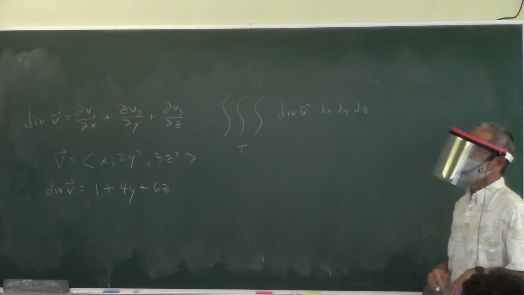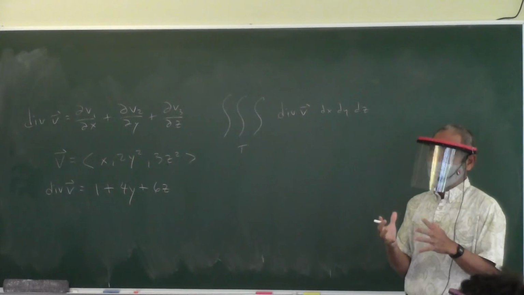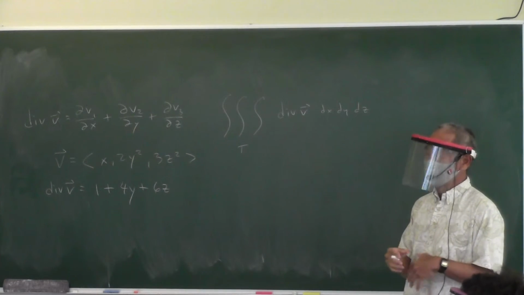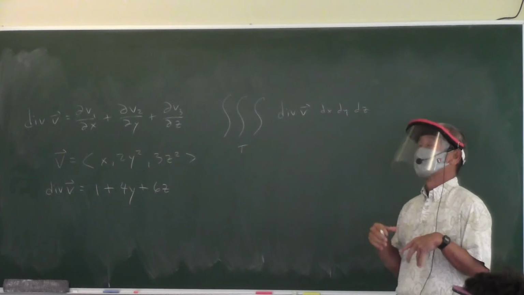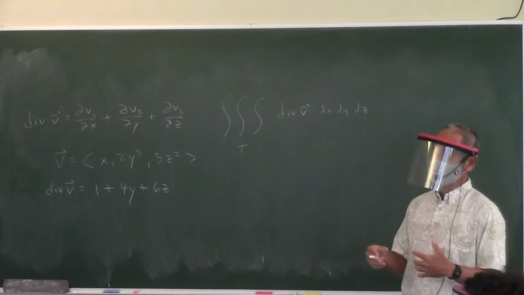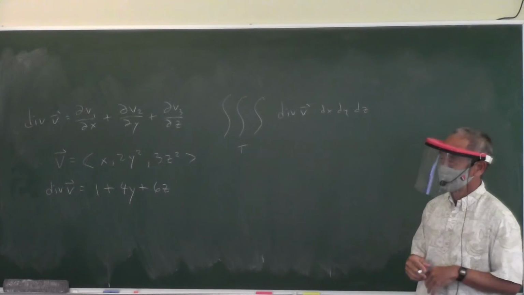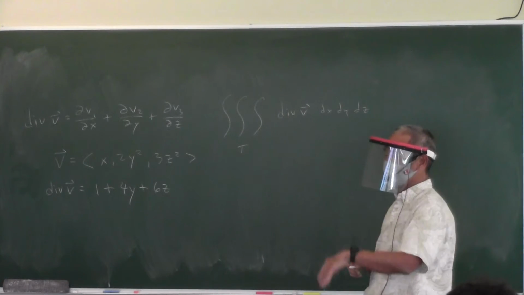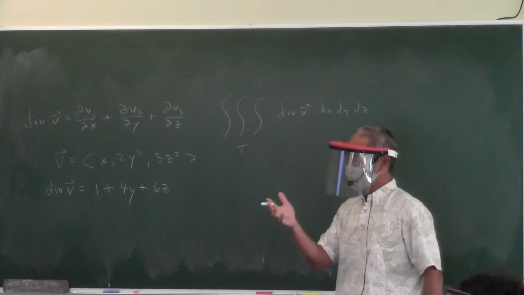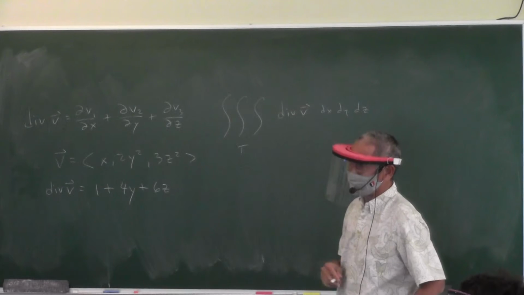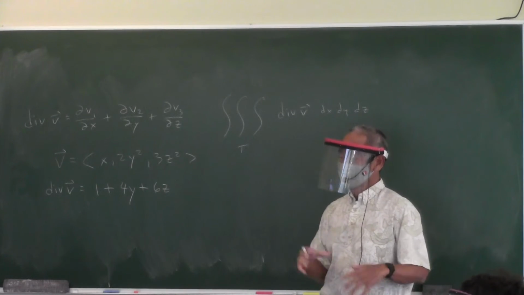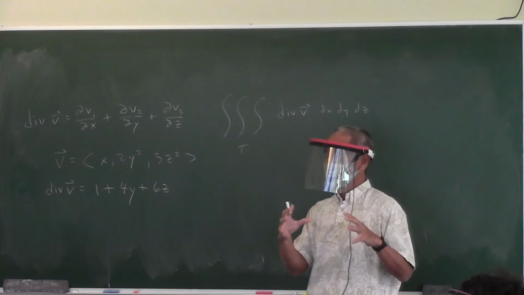So probably whatever the solid is, that's what's going to determine whether you should do rectangular, cylindrical, or spherical. Okay, so I'm going to let you do number 2. In fact, we're going to do number 2, except I'm going to pick a different solid. Let me think of a solid. How about a sphere then?